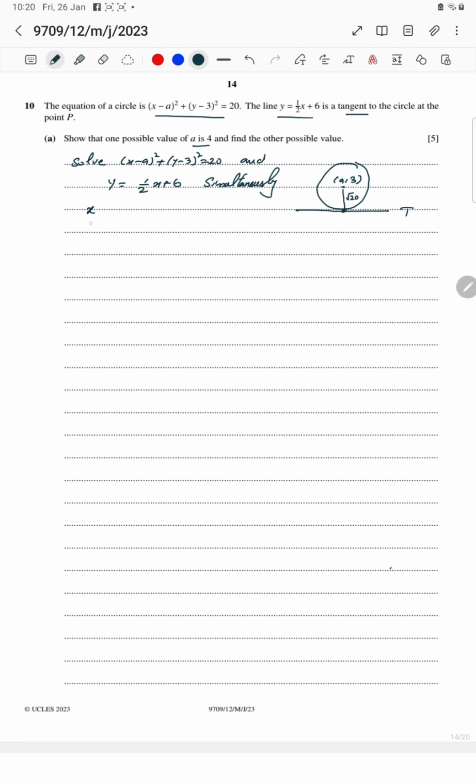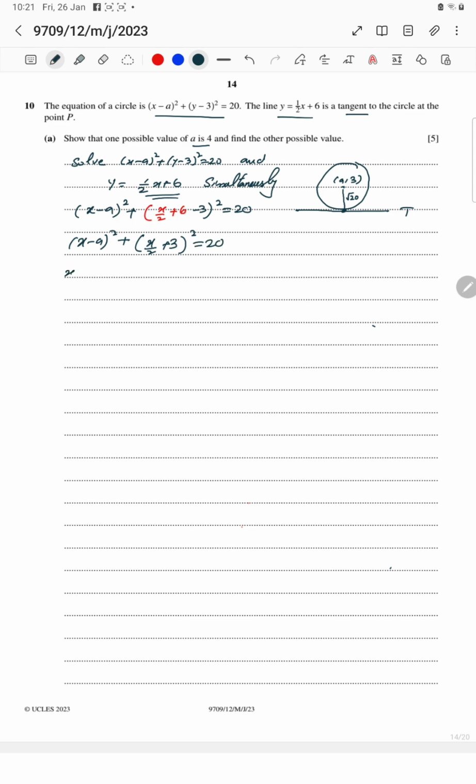For this case, (x minus a) whole square plus y will be replaced with this value. So I will write x by 2 plus 6 minus 3 whole square equal to 20. So (x minus a) whole square plus (x by 2 plus 3) whole square equal to 20.